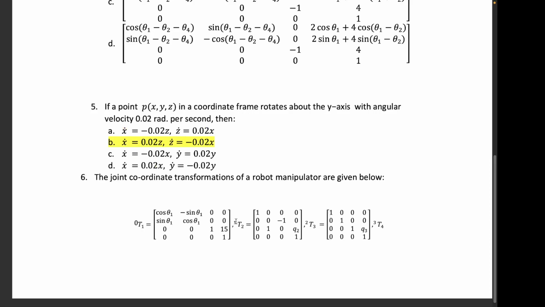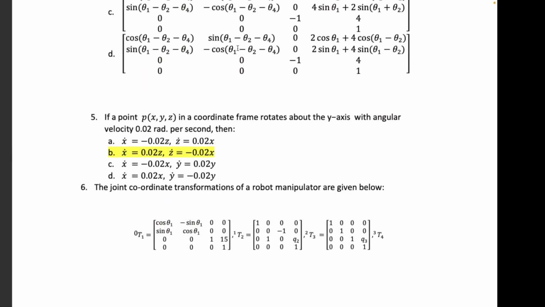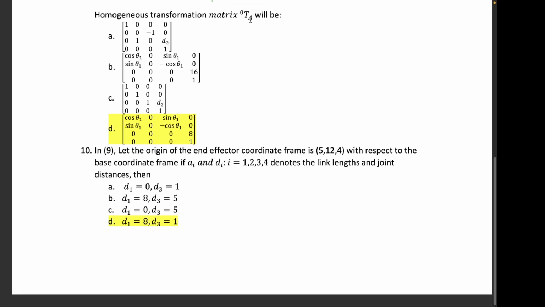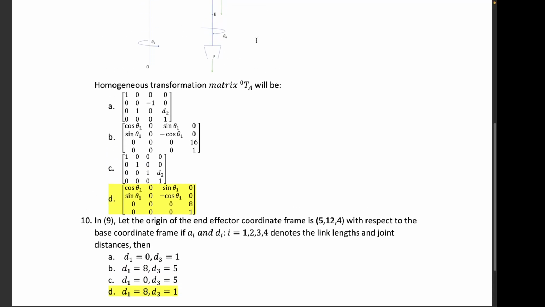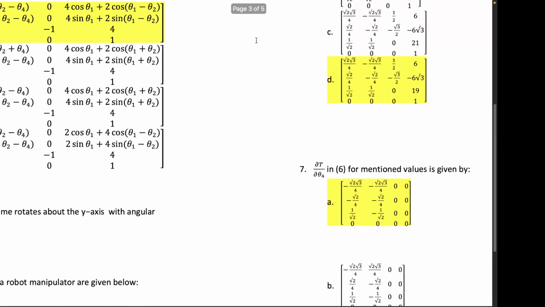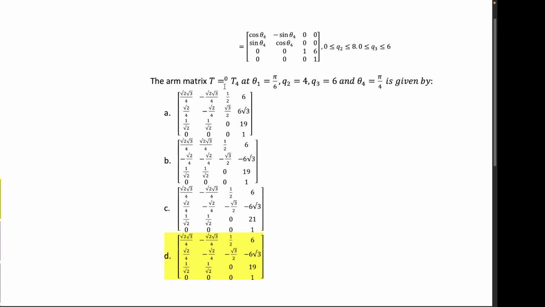This is from 1 to 2 expressed in the first frame, and so on. We have been asked to find the homogeneous transformation matrix 0 to 4. How can we get it when we have the matrix for each step? Basically we have to multiply.